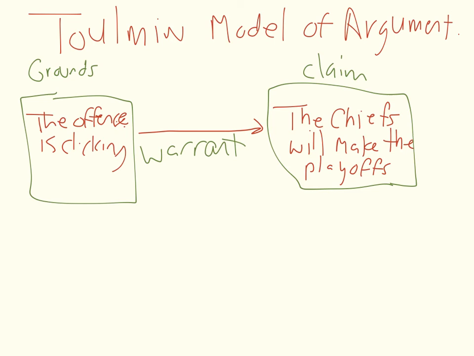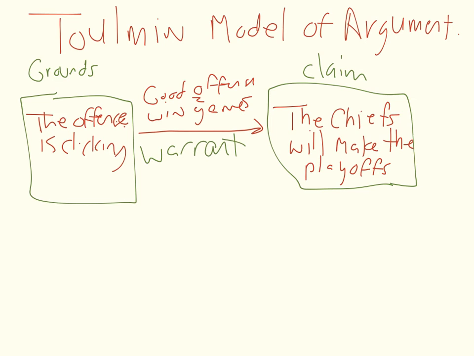An example would be the Chiefs will make the playoffs because their offense is clicking, and that's good because a good offense means they'll win more games. Okay. So, the warrant is the connection between the grounds and the claim.